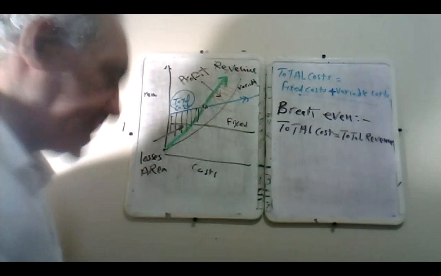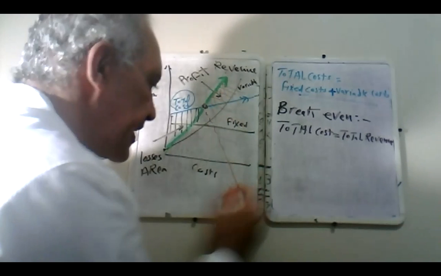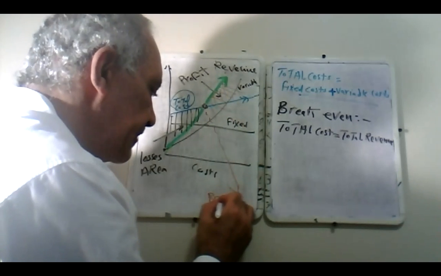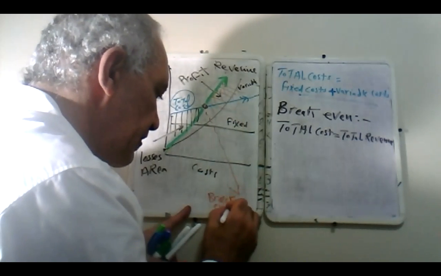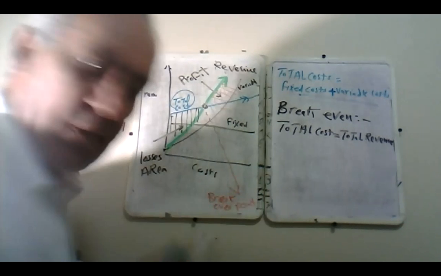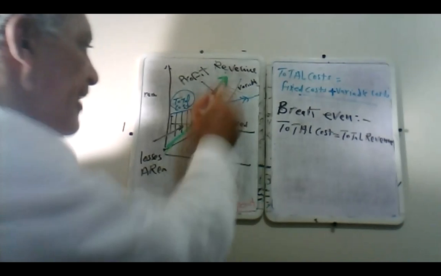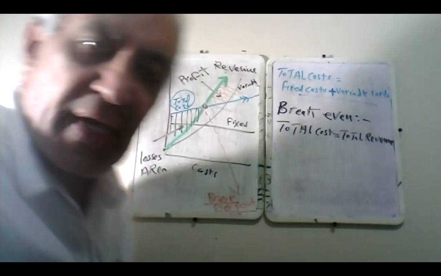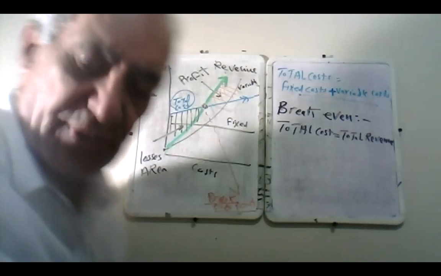And of course, this is the break-even point, where the total revenues intersect with the total costs.